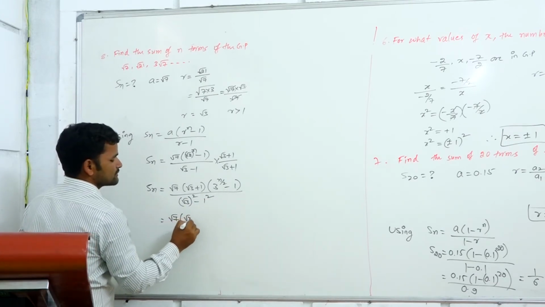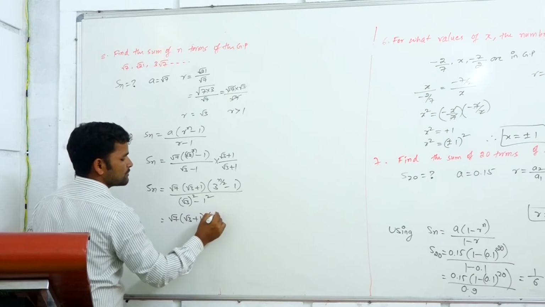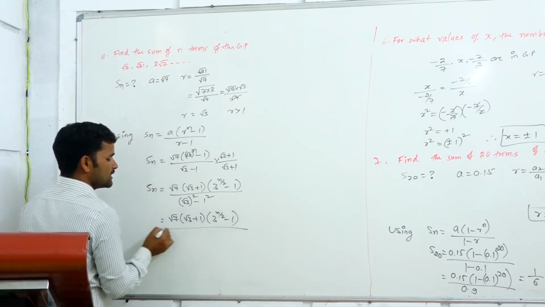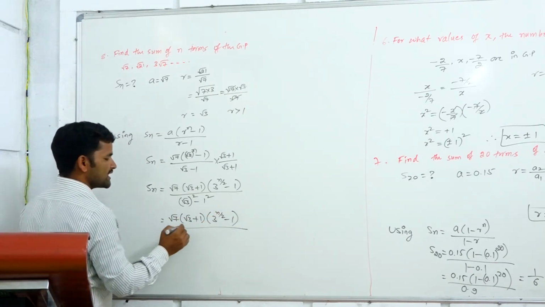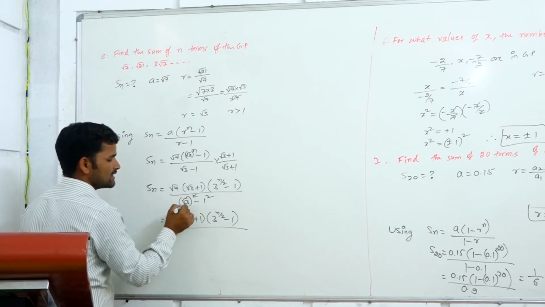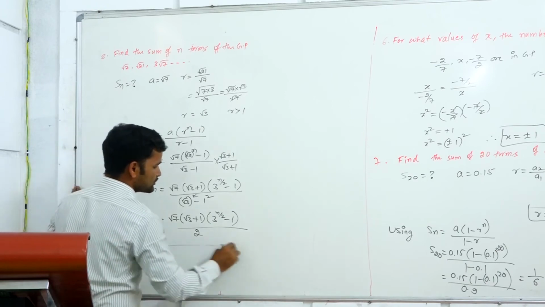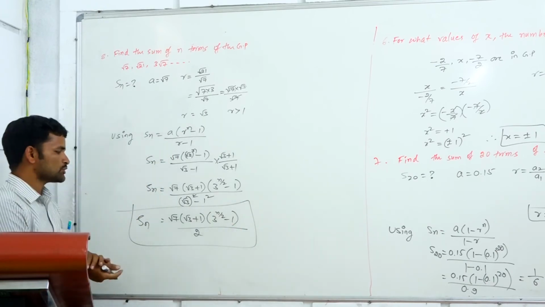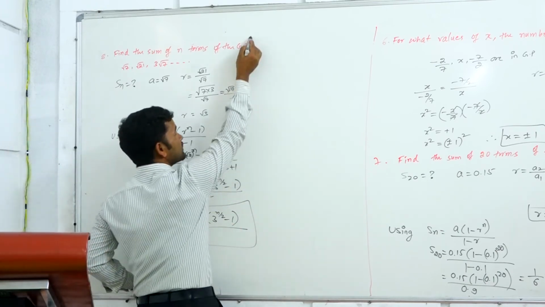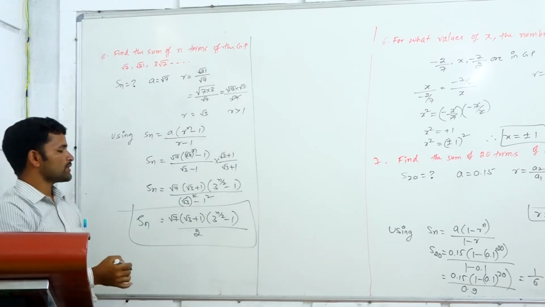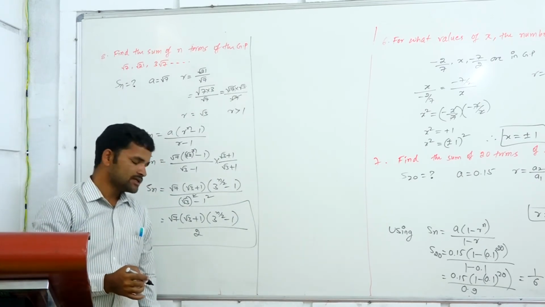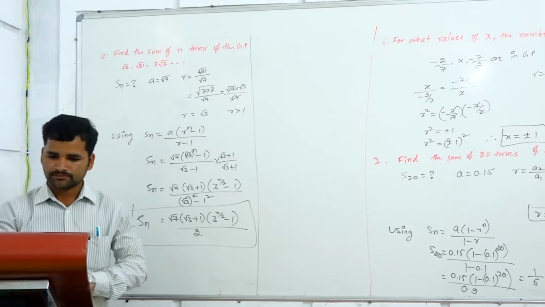Root 3 square, square root gets cancelled. 3 minus 1 means 2. So Sn is equal to, this is the answer, root 7 into root 3 plus 1 into 3 to the power of n by 2 minus 1, divided by 2.